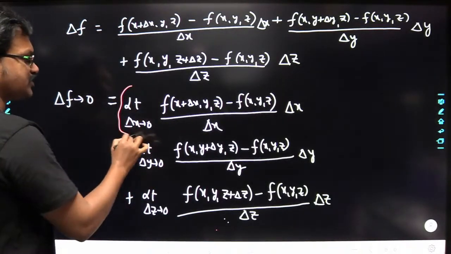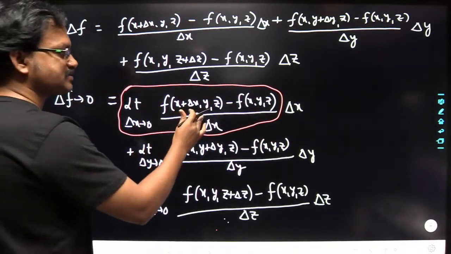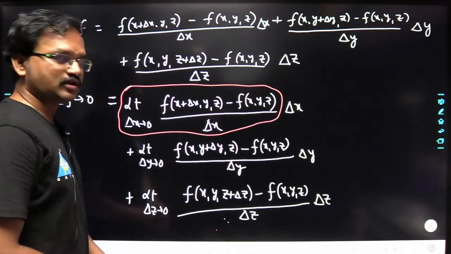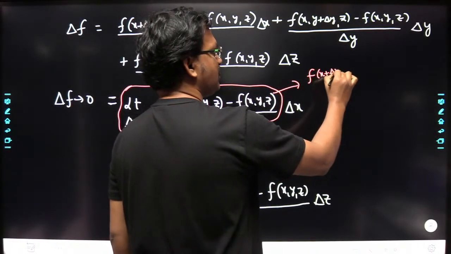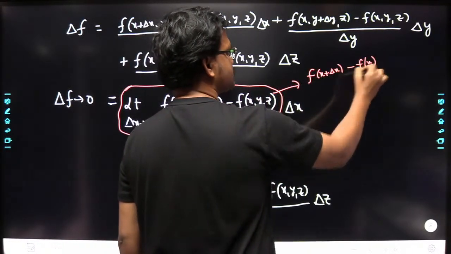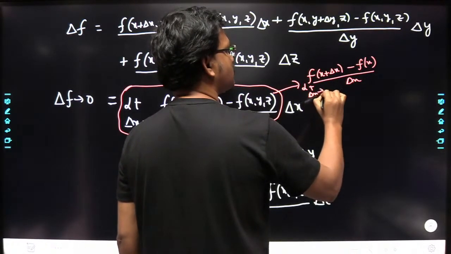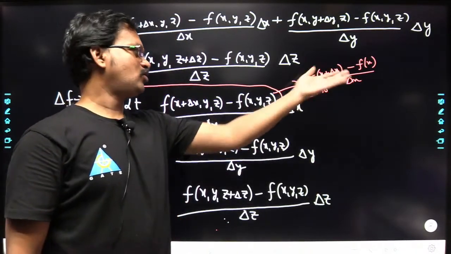Now if you observe here, limit delta x tends to 0, f of x plus delta x comma y comma z minus f of x comma y comma z can be represented as what here? It is just like f of x plus delta x minus f of x divided by delta x, limit delta x tends to 0. Yes or no here? See, there will be no change in y and z.